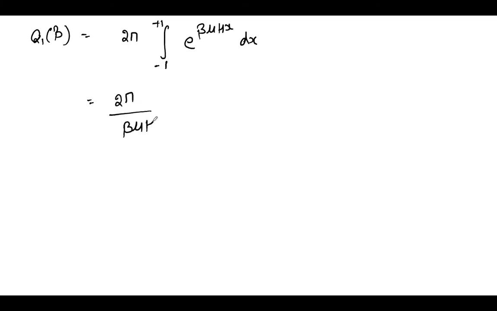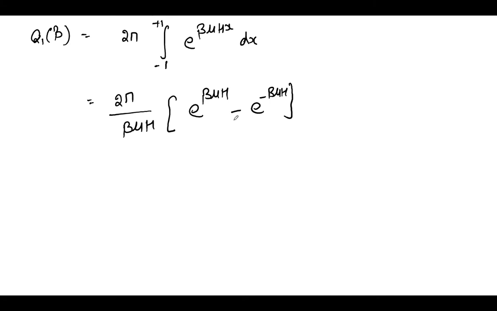So this equation I can write as q1 beta, which is equal to 2 pi from minus 1 to plus 1 exponential of beta mu h x into dx. Now let us solve this integration. So this comes out to be 2 pi over beta mu h, exponential of beta mu h minus exponential of minus beta mu h.